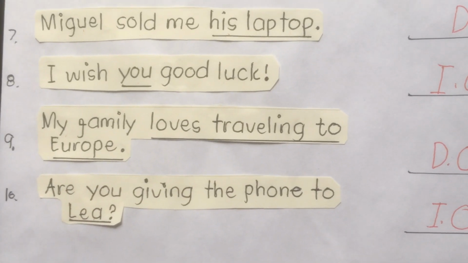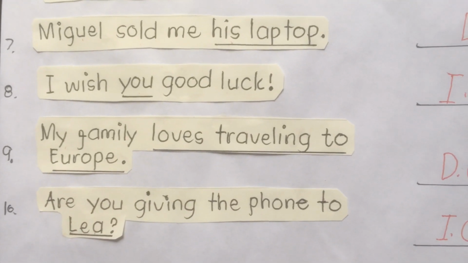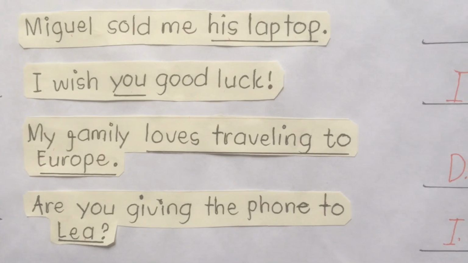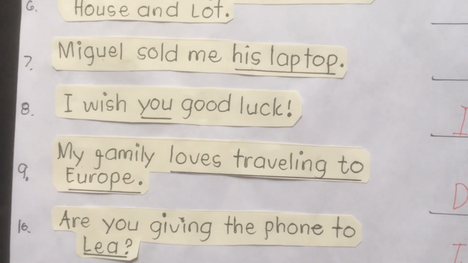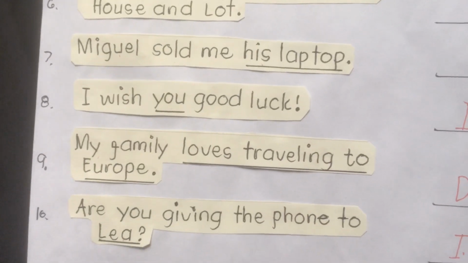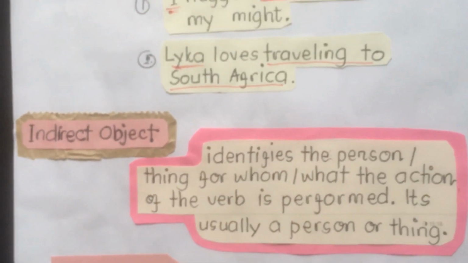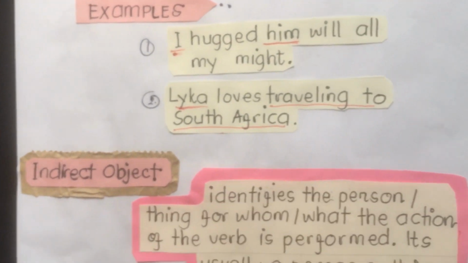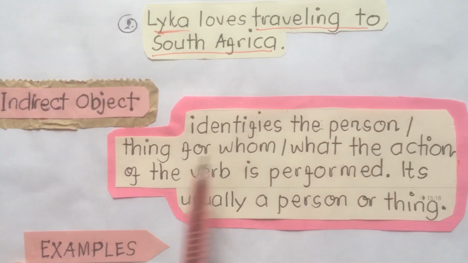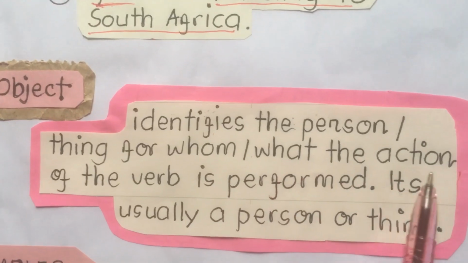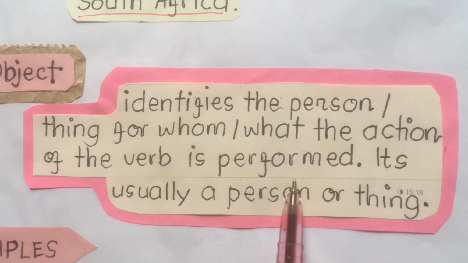Okay, it identifies a person or thing. Again, direct object refers to a noun or pronoun that receives the action. Whereas indirect object identifies the person or thing to whom or for whom the action of the verb is performed.